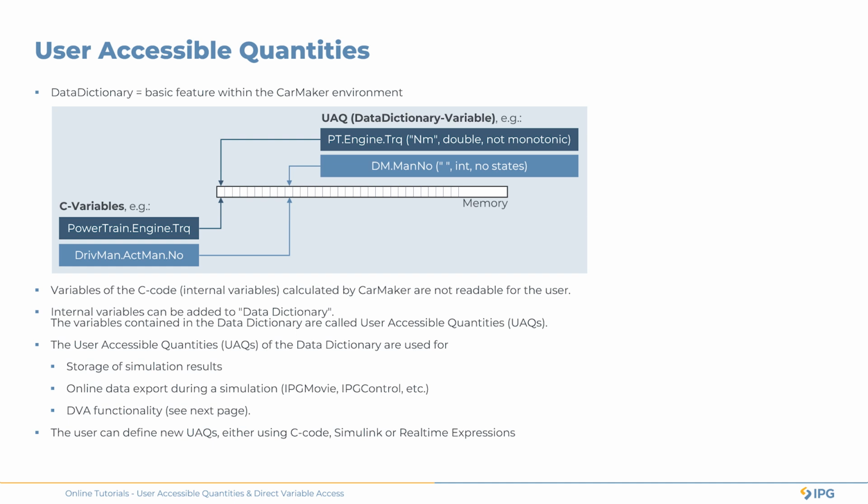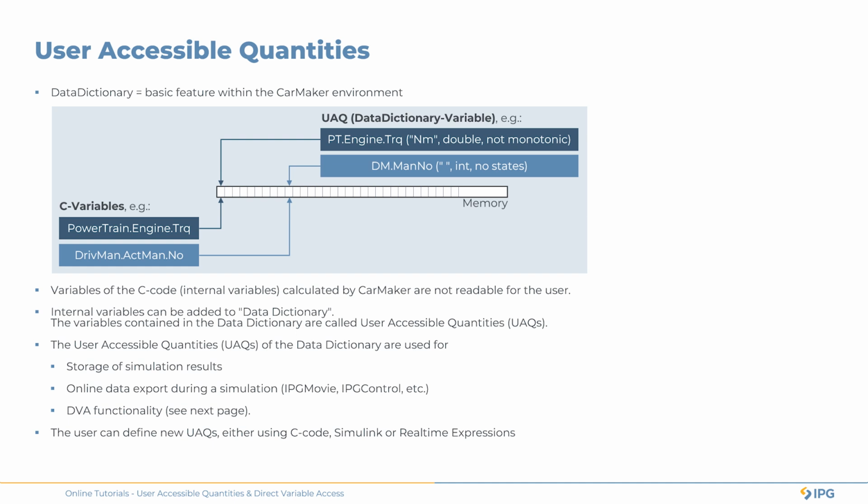What can we do with user-accessible quantities? We could use UAQs to store the simulation result. Second, we could also watch the UAQs in IPGMovie or IPGControl. At last, we could also use the DVA function to read or overwrite the values of UAQs.